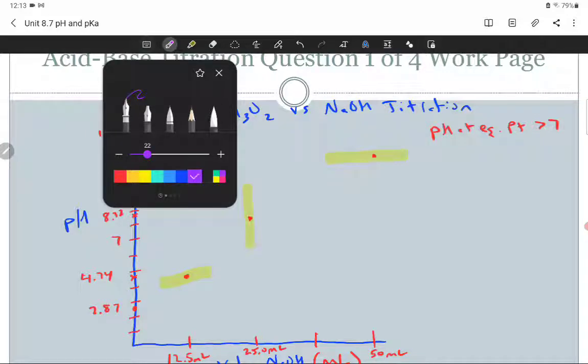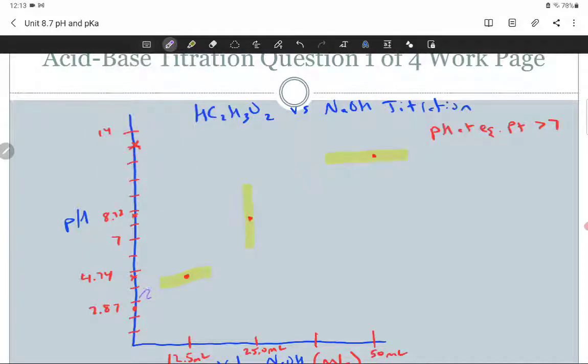Let's go purple here. And again, there's a lot of leeway. Initially, right off the bat of the titration, you're not going to get much in the way of a buffer, so the resistance to pH change won't be that great. But then as the system has more HA and A minus, it becomes a better buffer.